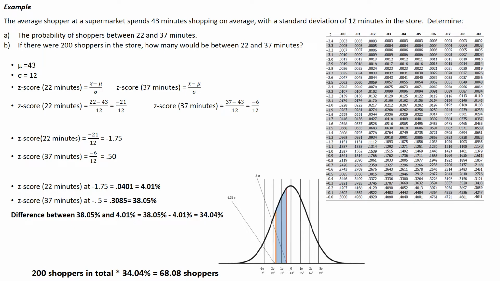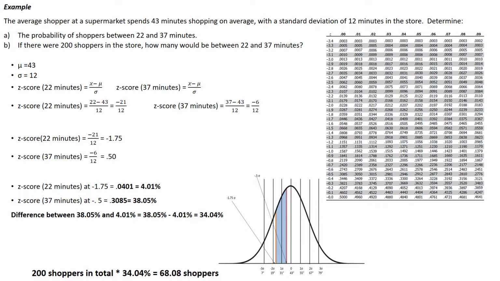This is more for visuals, so you understand what percent is under the curve. My mu is 43, my sigma, my standard deviation, is 12. And we want to know what percent spend between 22 and 37 minutes. So we have to find the z-scores for both 22 minutes and 37 minutes.